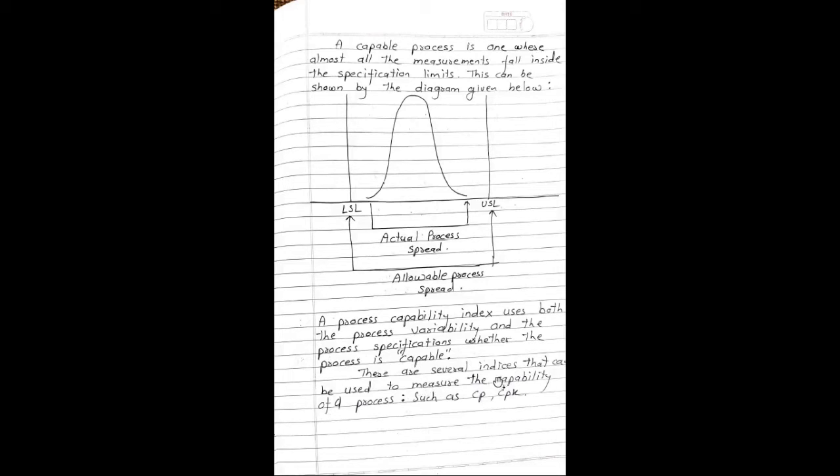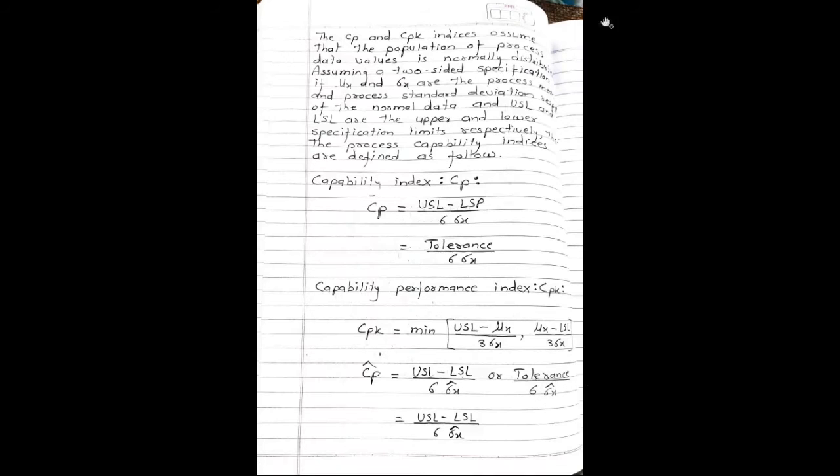There are several indices that can be used to measure the capability of a process, such as CP, CPK. The CP and CPK indices assume that the population of process data values is normally distributed.